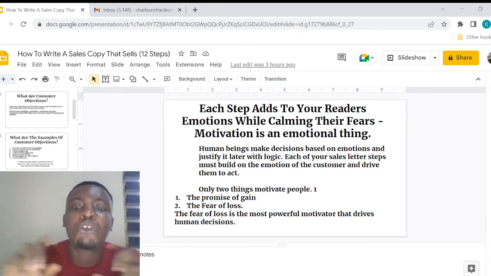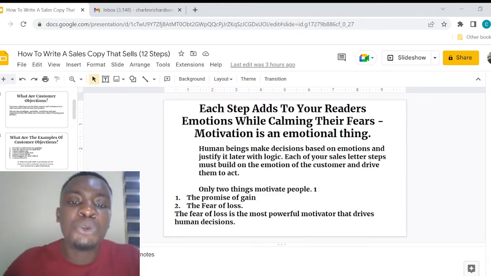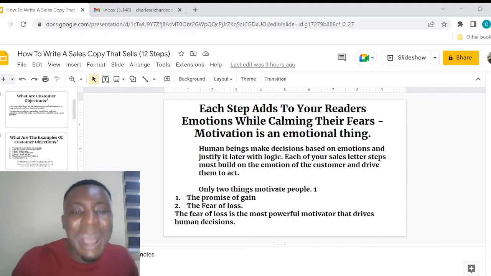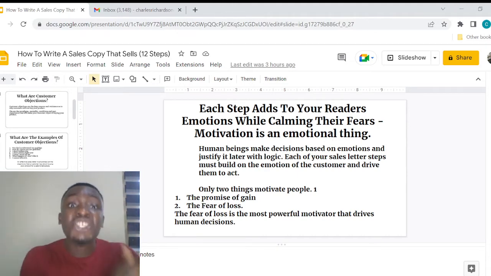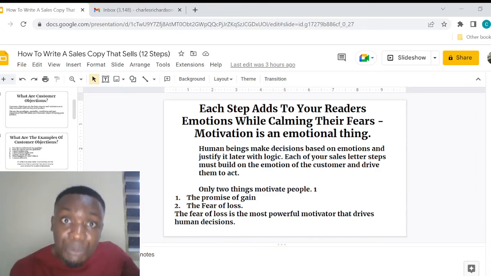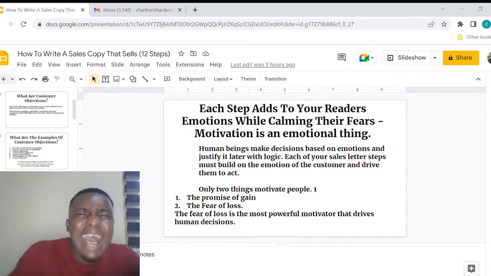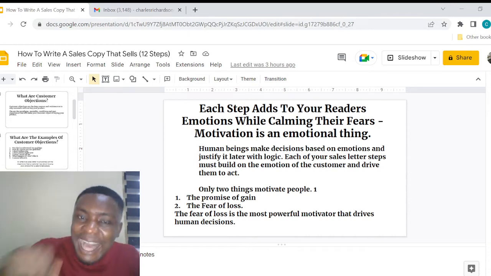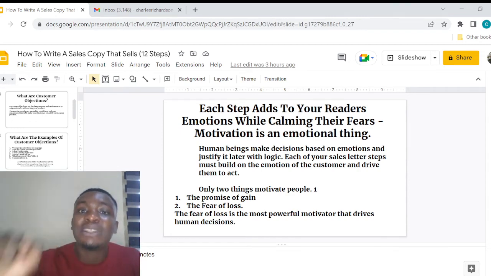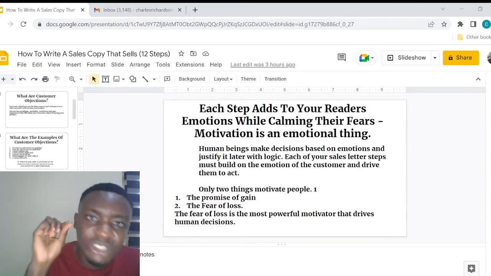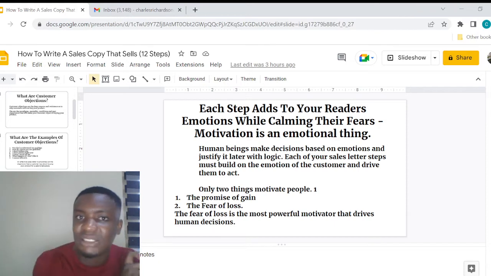Each of your sales letter steps must build on the emotion of the customer and drive them to act. That means each of the 12 steps which we discussed previously is building on your customers' emotions and motivating them to take action by buying your product. If your sales letter does not achieve that, that means your sales letter is not a high converting sales letter.